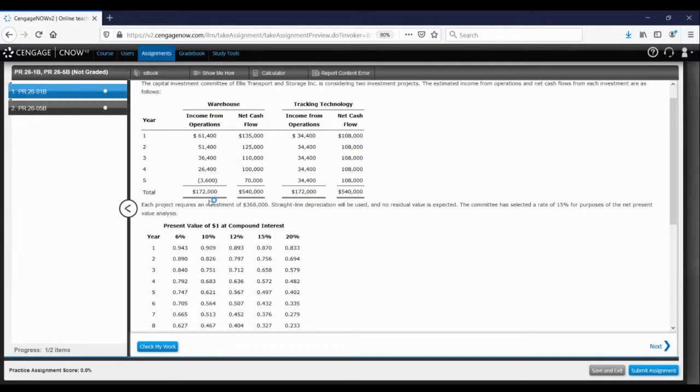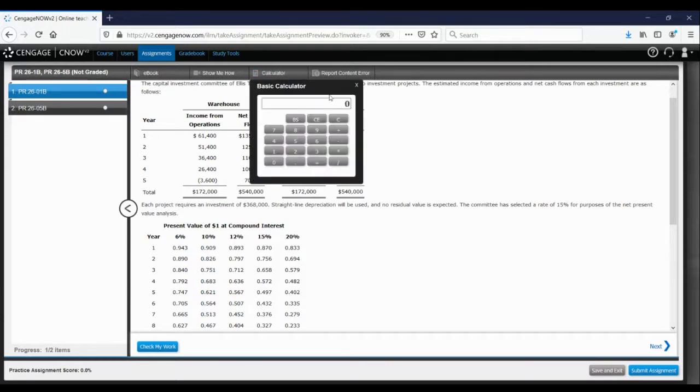And in this case, they've already totaled it for you. They're expecting to receive $172,000 for the warehouse. What you would do to find the numerator, which is the estimated average annual income, is take this 172,000 and divide it by its useful life.